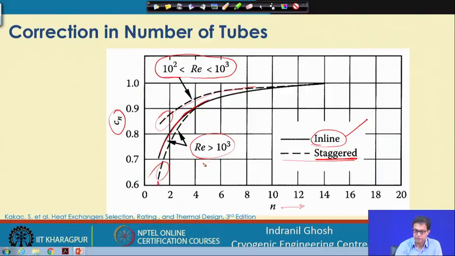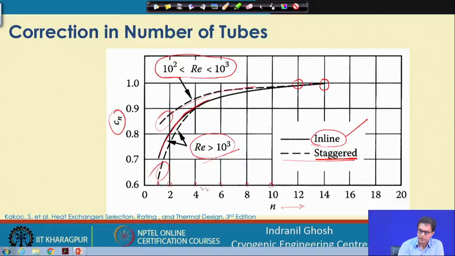If the Reynolds number is more than 10 to the power 3, we find this relation. What I mean is this graph will tell you the correction factor corresponding to number of rows equal to 2, 4, 6, 8, 10, and if it is more than 10, you can see it is almost reaching the value 1. So, if it is say 14 rows, it is almost 1. If it is say about 13, it is 0.99, about this point, and so on.